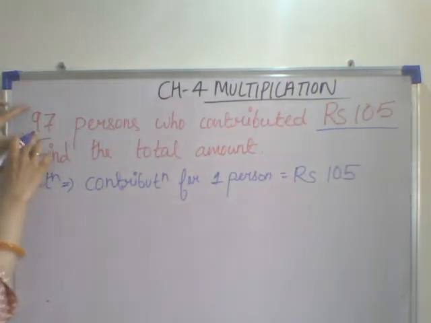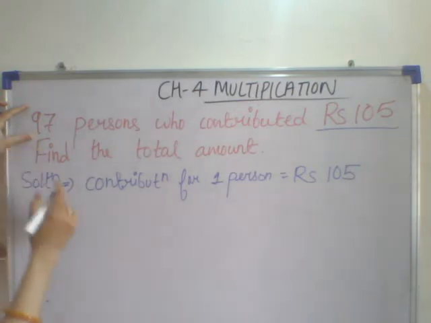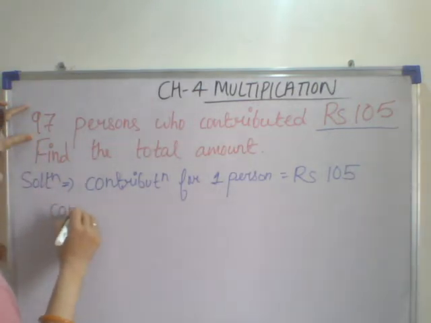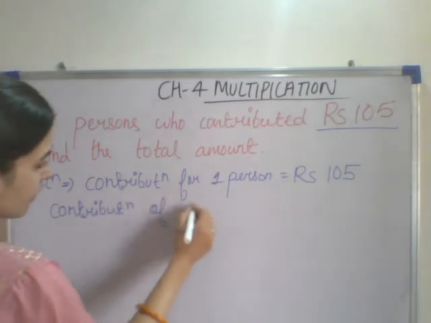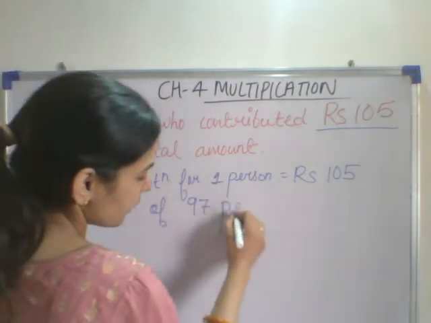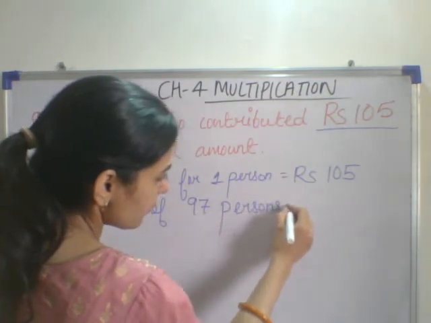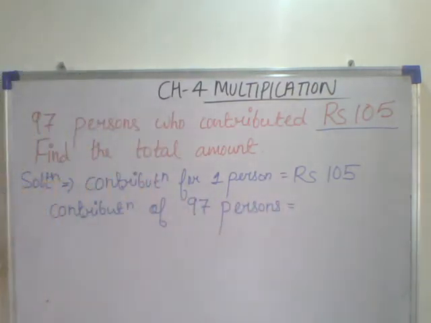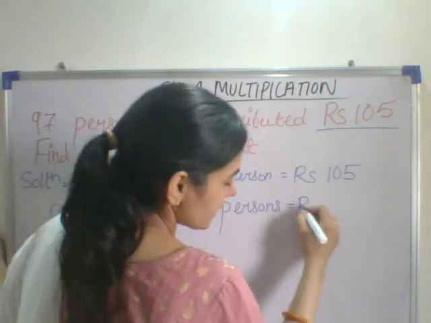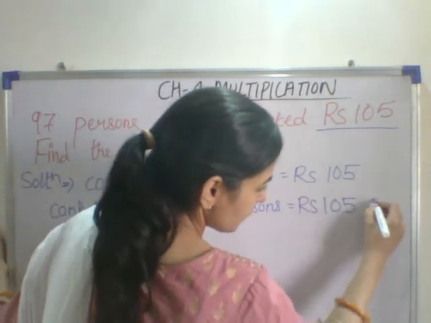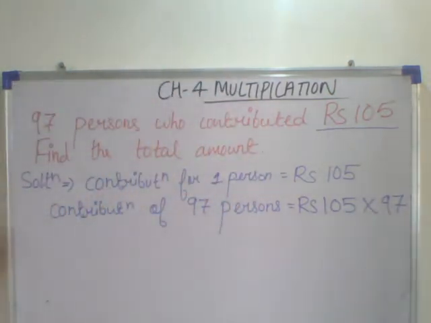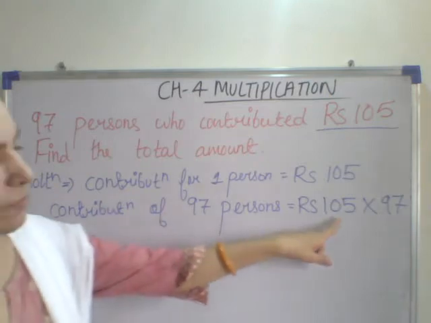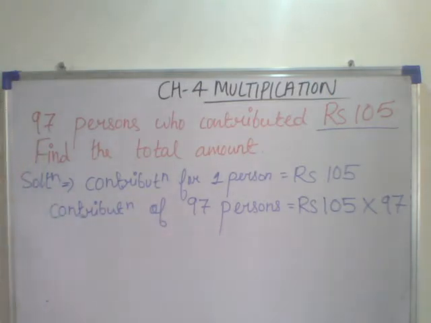And how many persons are there total? 97. So what will be the contribution of 97 persons? We have to find the contribution of 97 persons. So it would be rupees 105 multiplied by 97.